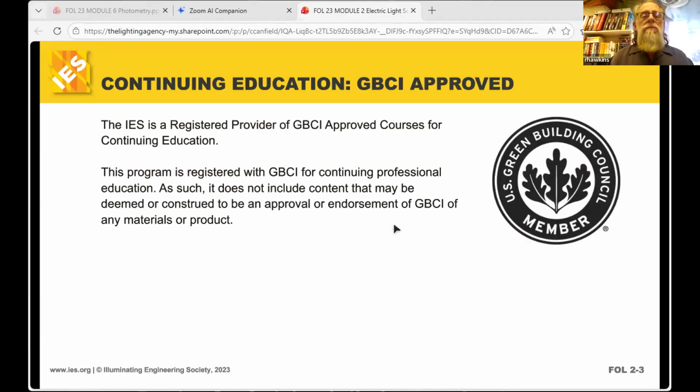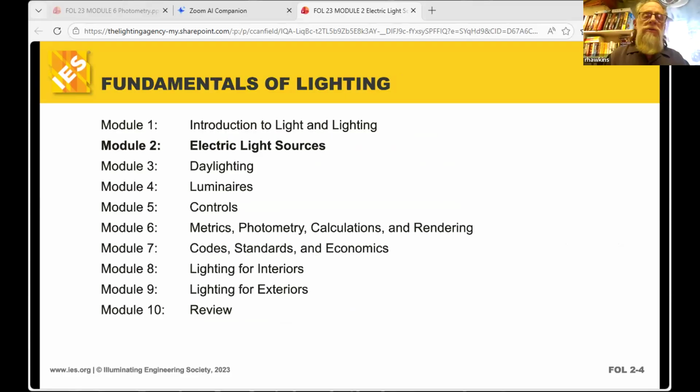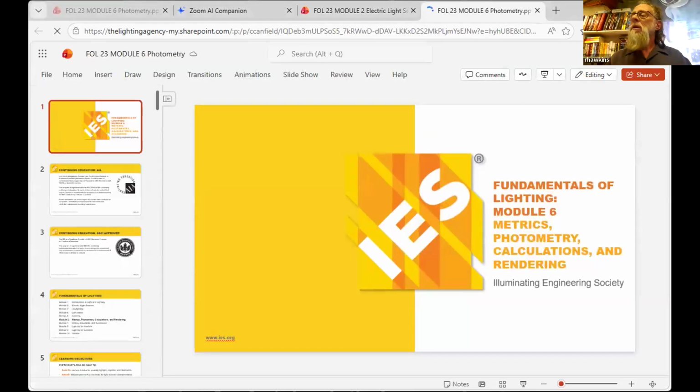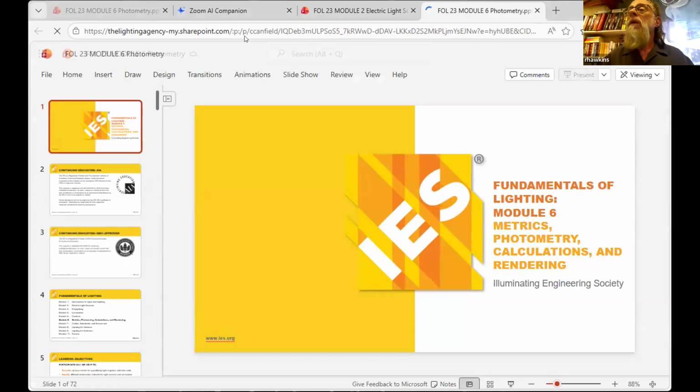Okay. All right. Fundamentals of lighting. What? I pulled up the wrong PowerPoint. Hold on. That's what we did last time. Let's see here. Go to photometry. There we go.